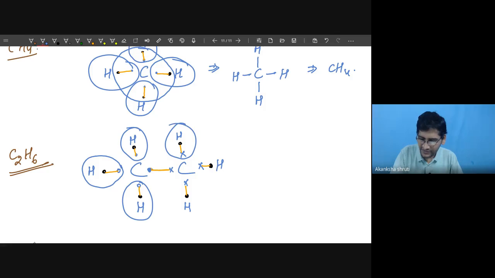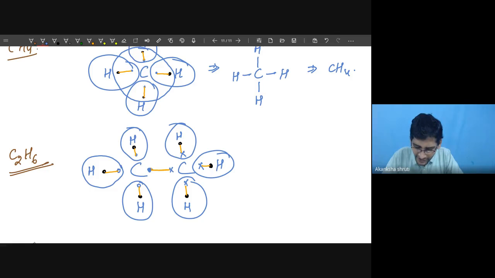Now coming to the first carbon, it has shared 3 electrons with the 3 hydrogens, but one electron with the second carbon also. So its area of influence will be like this.